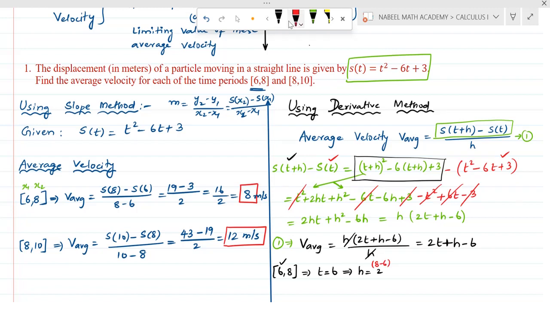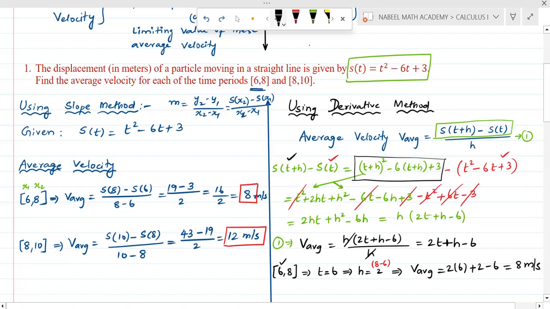Now if I substitute in the average velocity, it is 2 times 6 plus 2 minus 6. So the answer will be 12 plus 2, 14, minus 6, which is equal to 8 meter per second. So 8 meter per second. You will get the same answer that we found using the slope. There is no change in the answer.